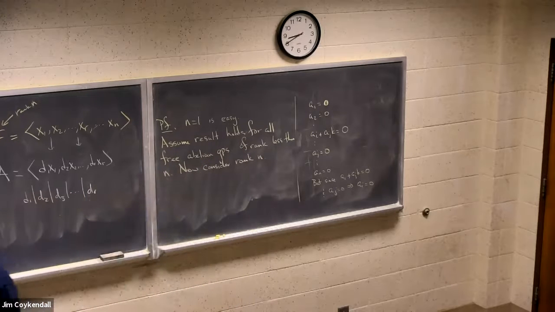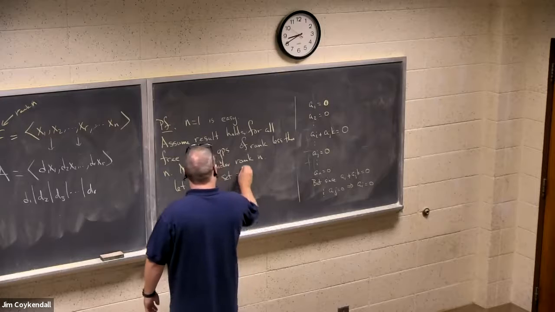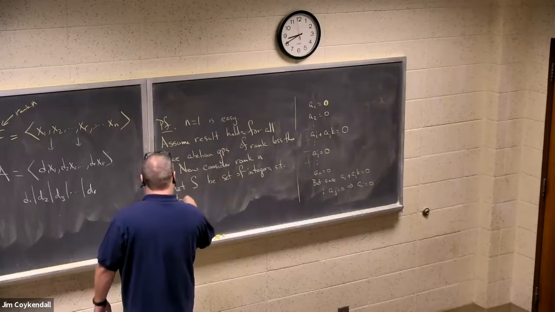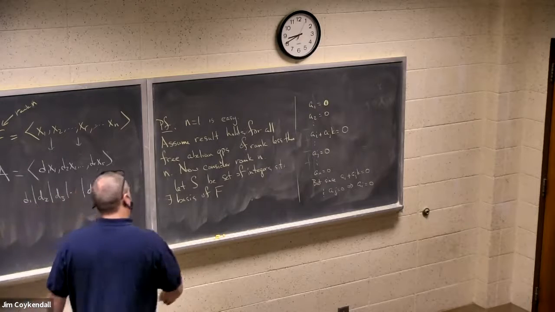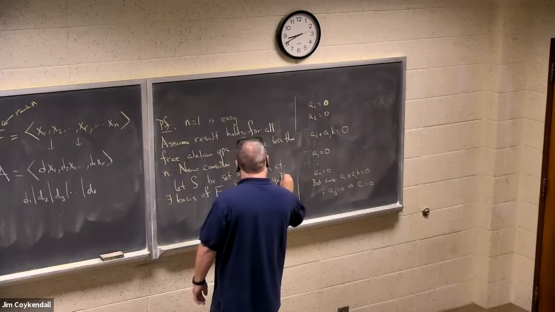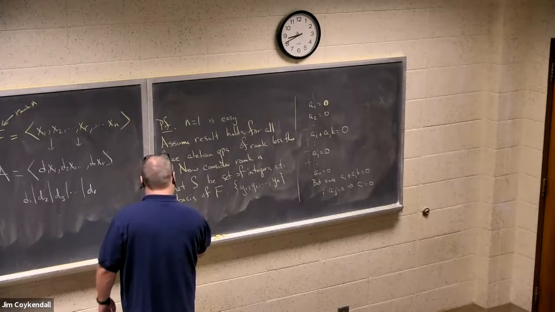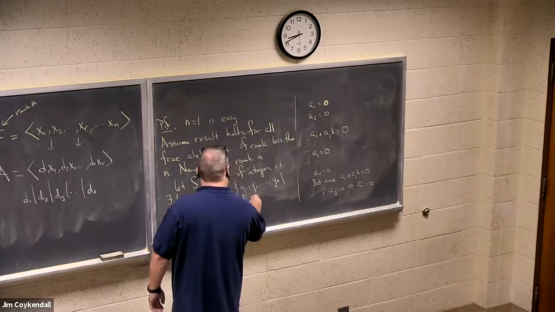So for this one, we'll let S be the set of integers k such that there exists a basis of F, which I will call Y1 through Yn, and an element of A of the form k Y1 plus k2 Y2 through kn Yn.